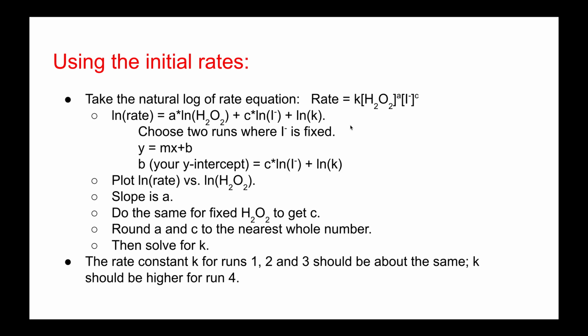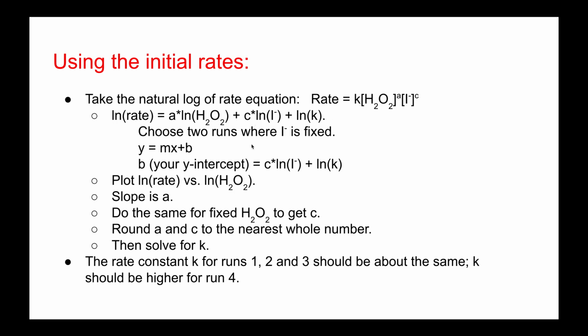Now, let's say we're looking at 2 runs where I minus is fixed, maybe rate 1 and 2. If I minus is fixed, then this is fixed. And of course, since the temperature is fixed, this is fixed. Since c is a constant, this whole bit here is fixed for 2 runs where I minus is fixed.